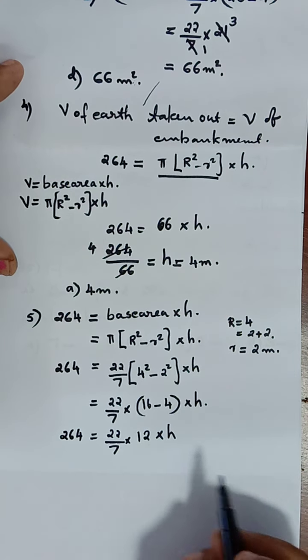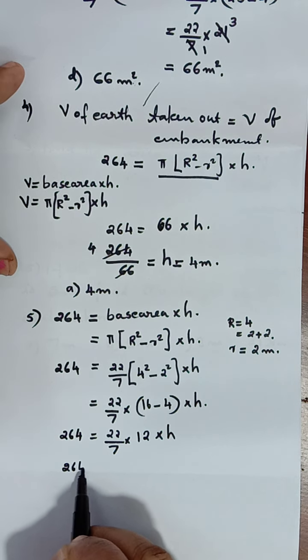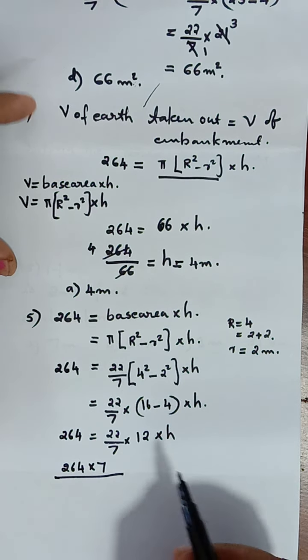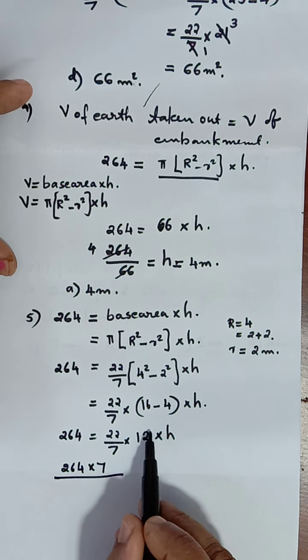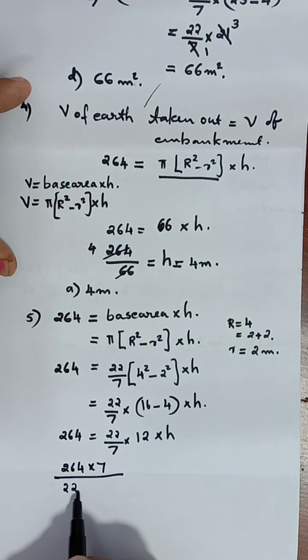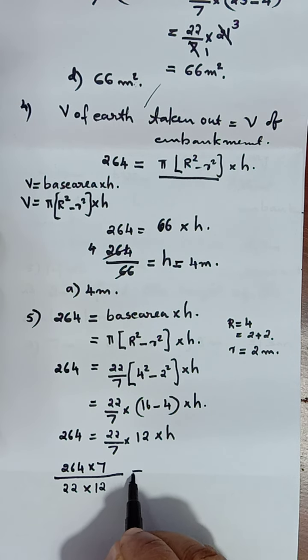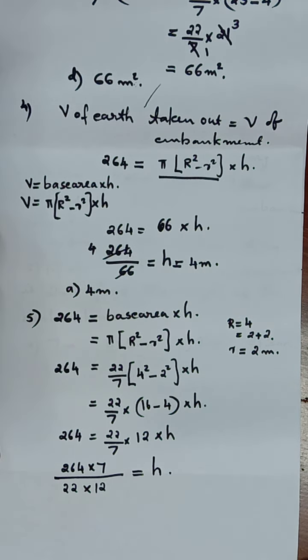Transfer to the other side. What do we get? 264 into 7. By 7 becomes into 7, divide by. Both come in the numerator. That comes in the denominator on the other side. 22 into 12. That is our h. Now we can cancel easily. How many times? By 11 we can cancel. 11 2 times.